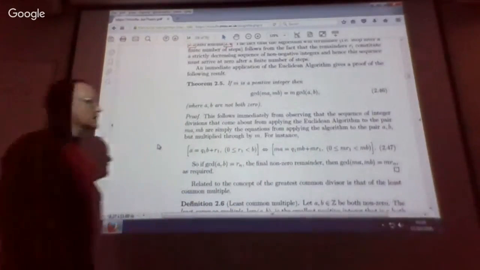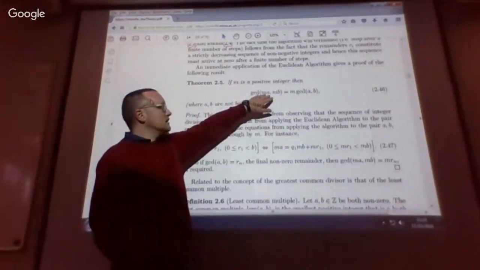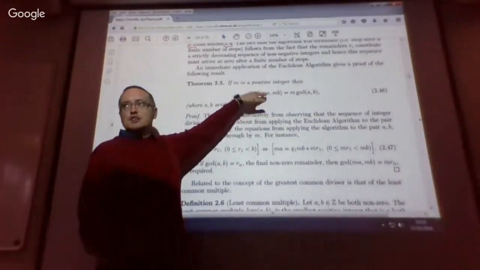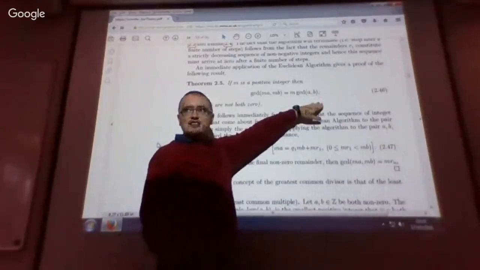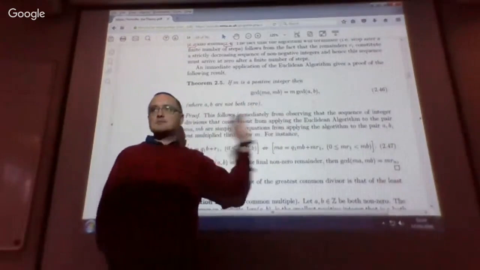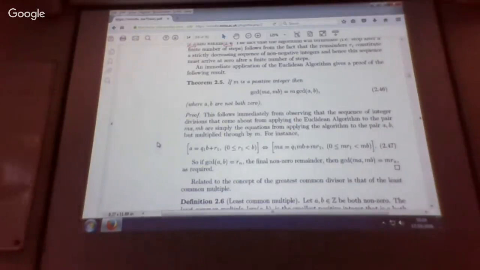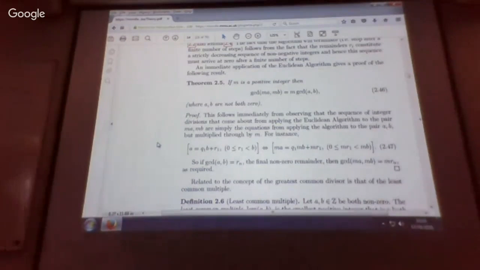Okay? So basically, the sequence of integer divisions that you need to carry out the Euclidean algorithm on the left-hand side, you can get those by taking the sequence of integer divisions for the GCD on the right-hand side and just multiplying each one across by M. Multiplying both sides of each one by M, and that will just be the Euclidean algorithm for the left-hand side. Okay. So that's basically all we need for that.